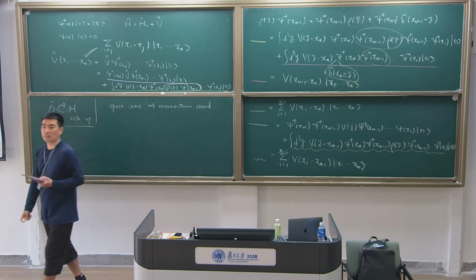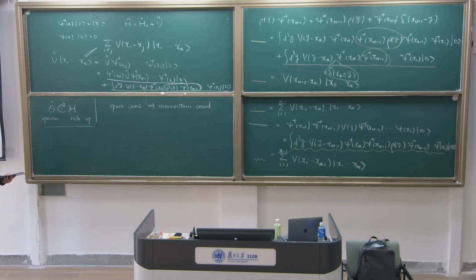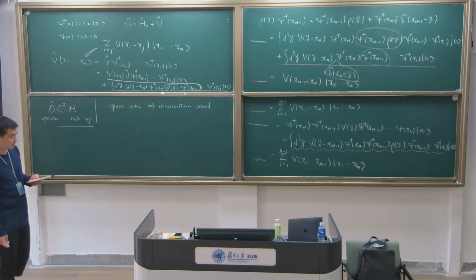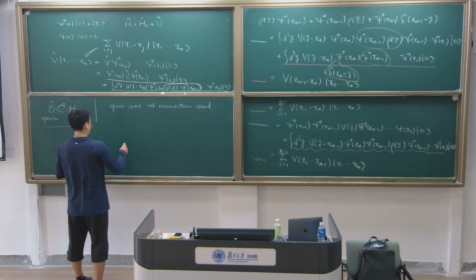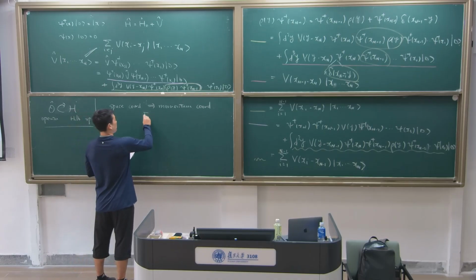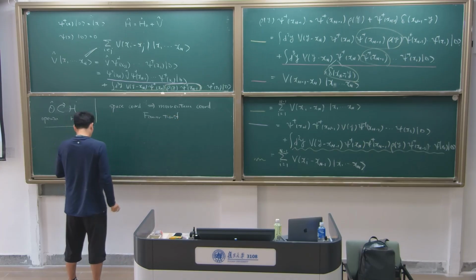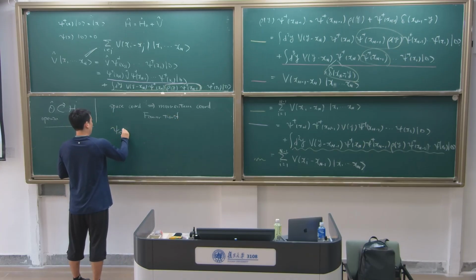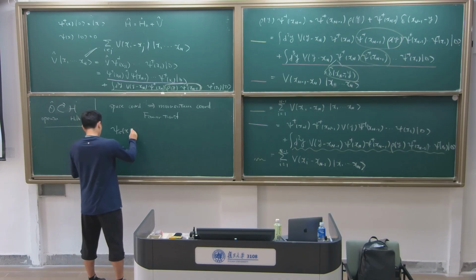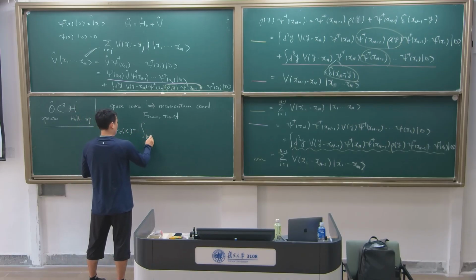Usually, if you go to this space coordinate, momentum coordinate, you get some other insight. For instance, the space, this is just Fourier transformation. For instance, sigma is the k.